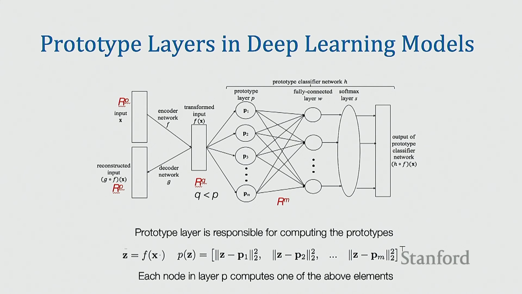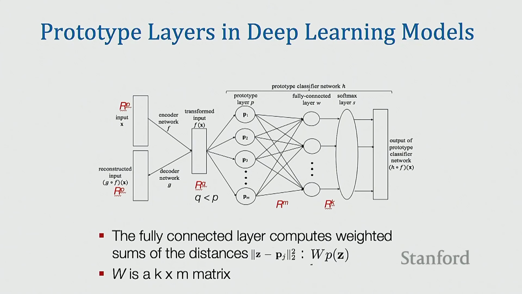The first node computes the distance between Z and P1, the second node computes the distance between Z and P2, and so on. You get one scalar value from each of those nodes, so the entire output of that layer will be m different values.